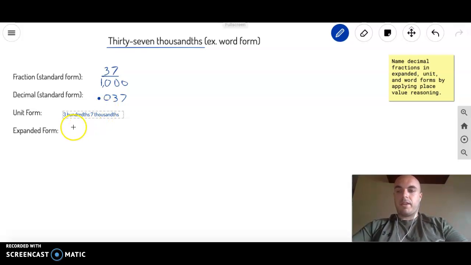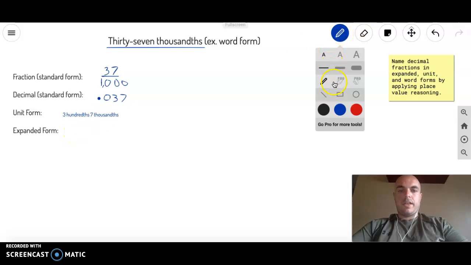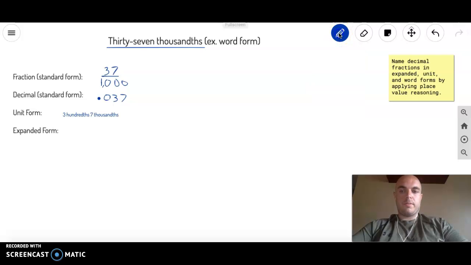Next is going to be my expanded form. So my expanded is I'm taking all of these units, or both of these units rather, and I'm pulling them out. And I'm going to write them as expanded in fraction form. So first I'm going to take my hundredths.